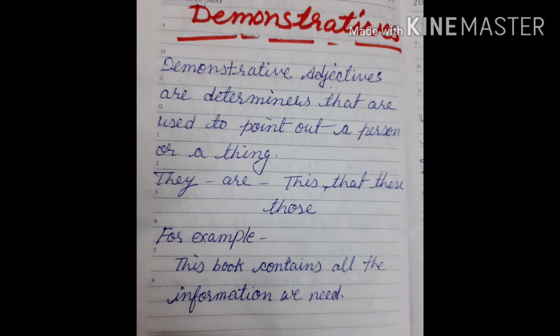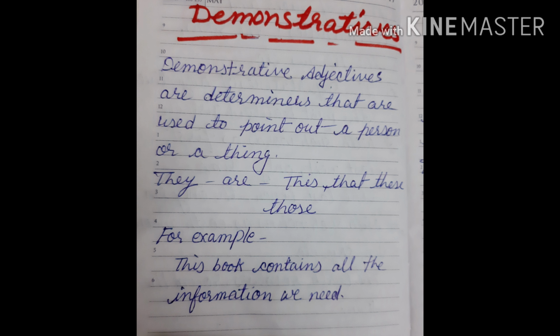This is used before singular nouns and these before plural nouns. That and those refer to persons or objects at a distance. That is used before singular nouns and those before plural nouns.